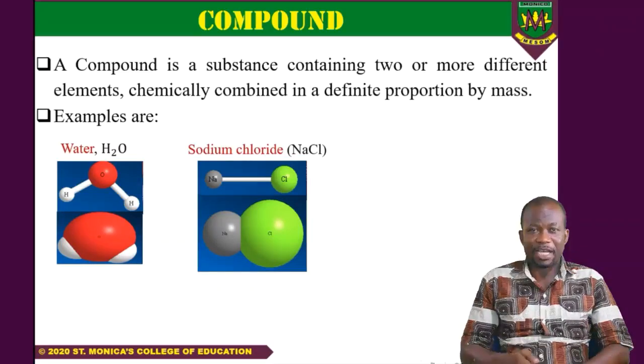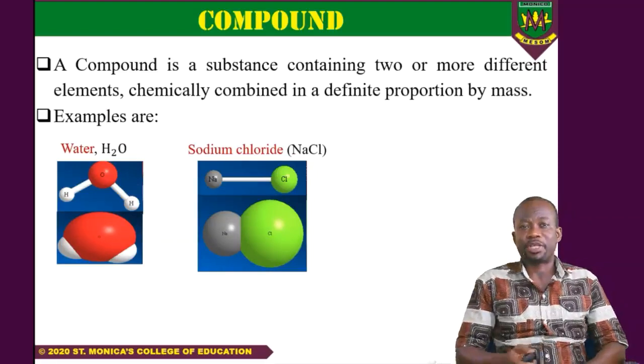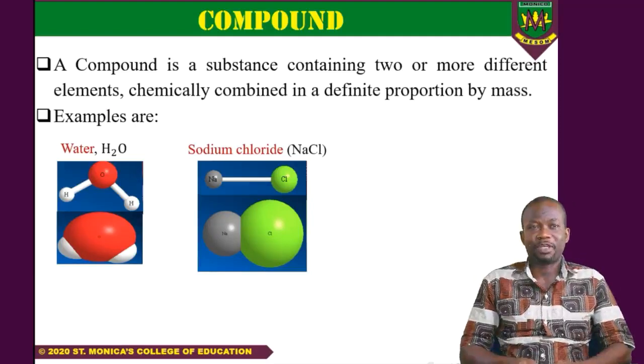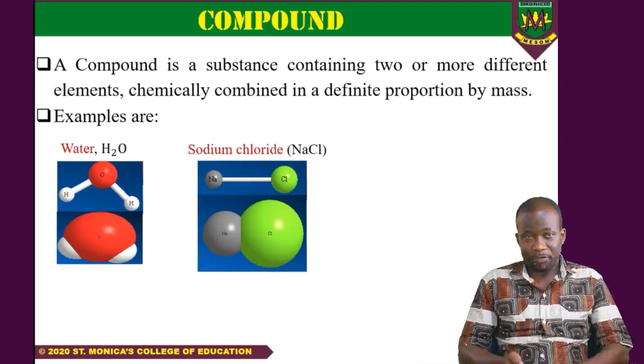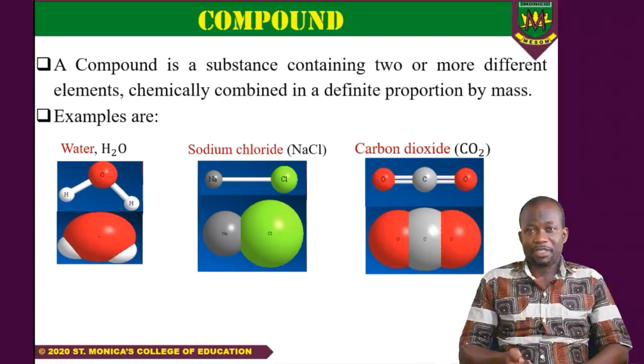Many examples are there. You can talk about methane, ammonia, silica, and so on and so forth. Now, carbon dioxide, like I mentioned earlier on, is what you also see there, and that is the structure of carbon dioxide.